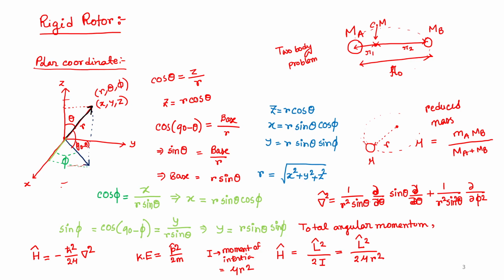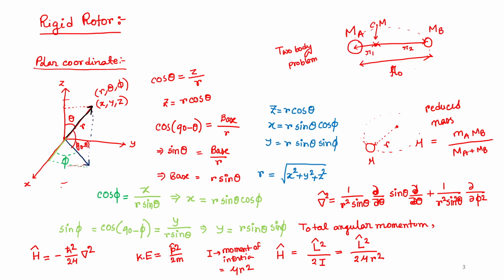So where this exponential i m phi term comes from, you will see that using these two conditions you can build a sphere around this xyz.